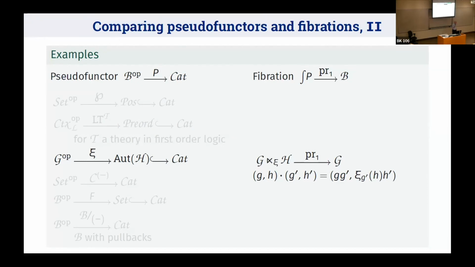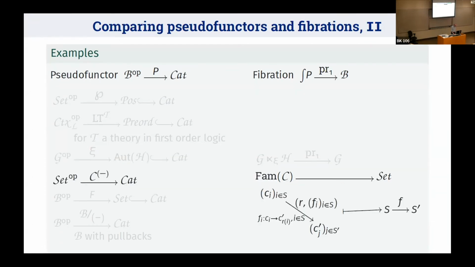In the example of a group acting on another, when I perform the Grothendieck construction on that pseudo-functor, I get the semi-direct product. Mind you, psi is acting on the left, and that's the reason why the product is written like that. But it's just a resemblance of the general formula for composition that I showed you a few slides ago. I'm not going back because there are too many slides.